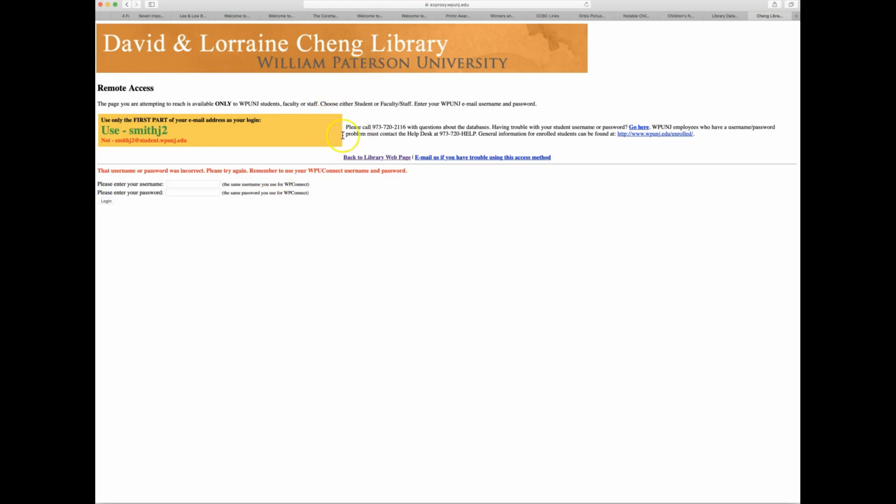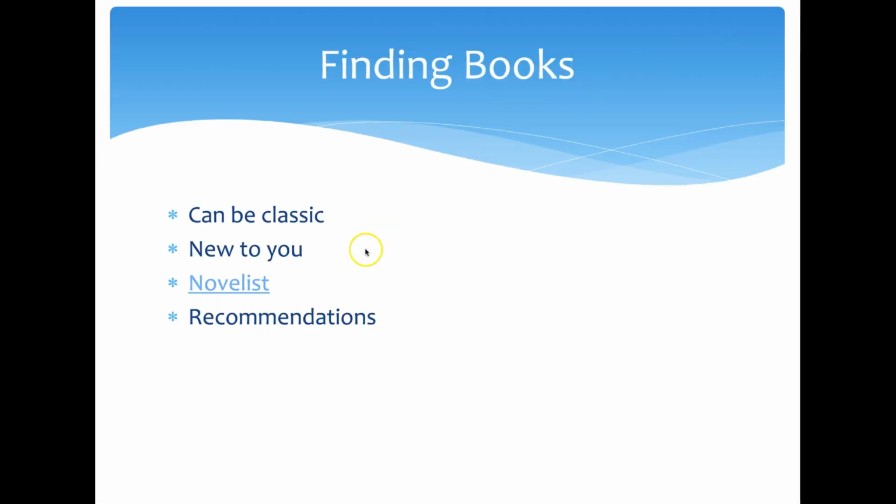For some reason, it won't recognize my password in Safari. Okay, it's not going to let me go in on this page. But you can go into Novelist and choose the genre, and it'll come up with a list of recommendations.